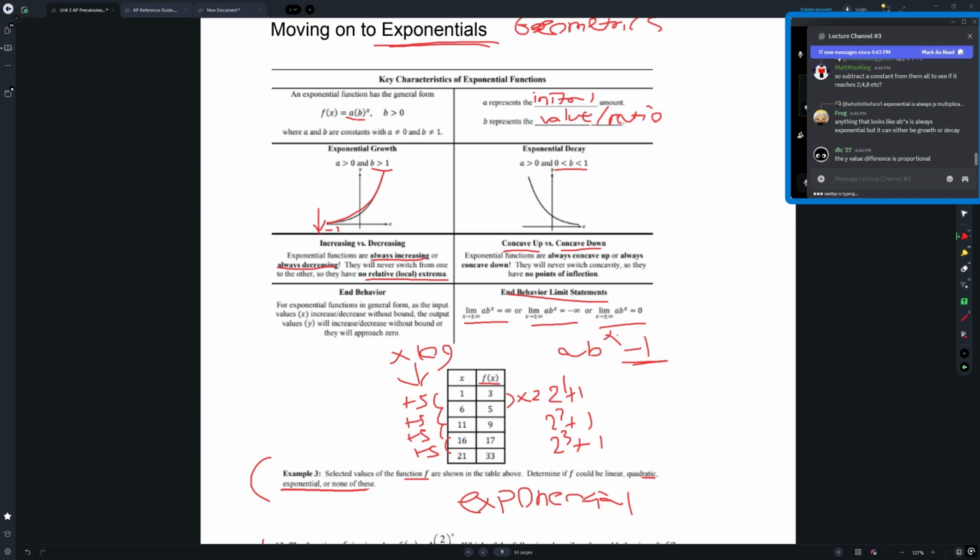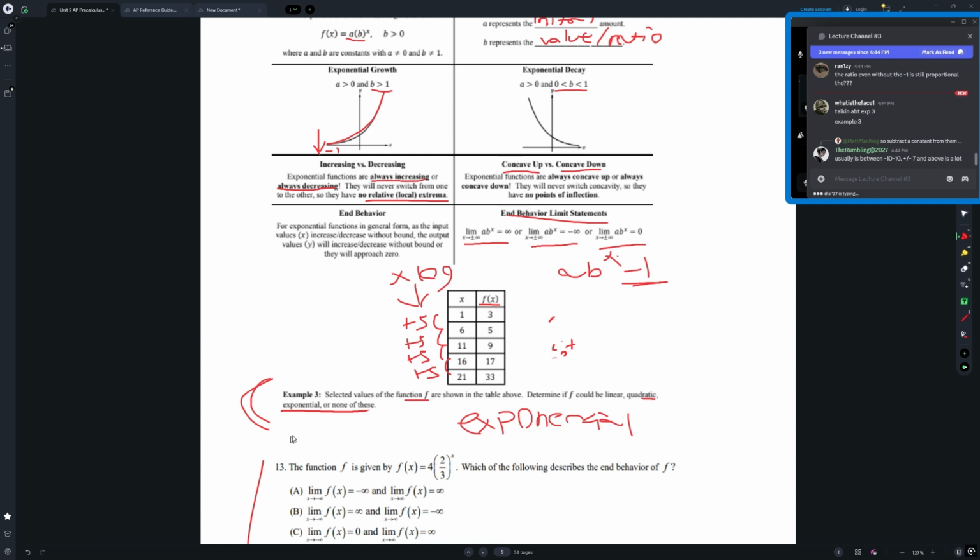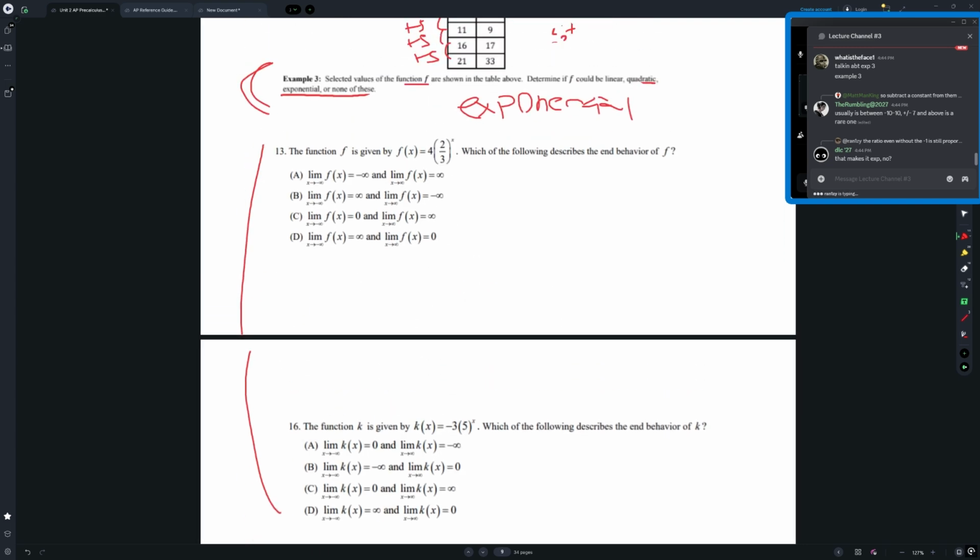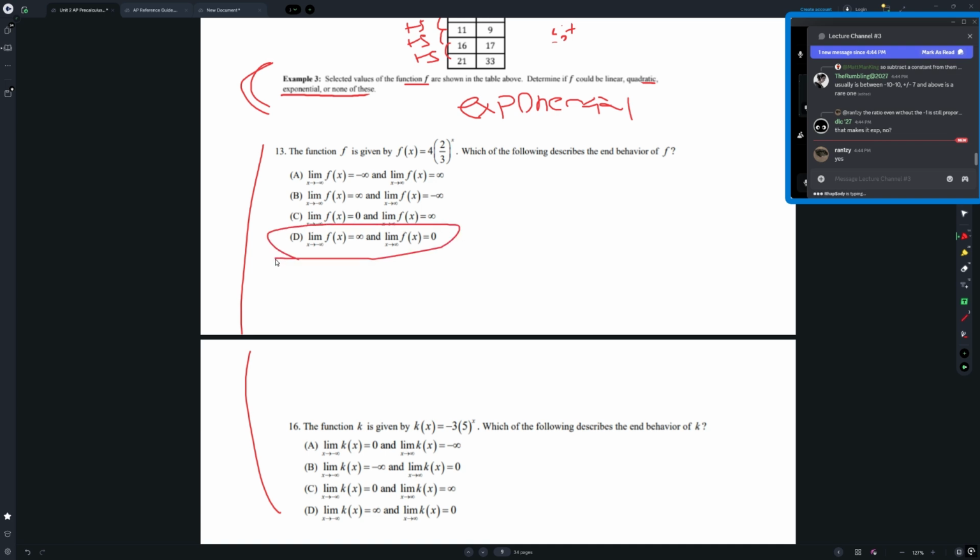The y difference is proportional if you subtract 1. The ratio without the -1 is not proportional, talking about example 3, the argument question. That makes it exponential then. Alright, so the answers for 13 and 16: 13 was D and 16 was A.